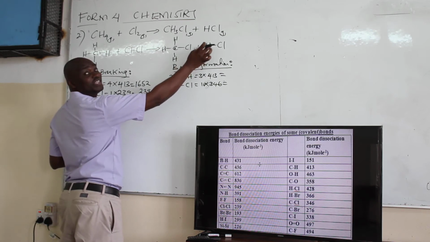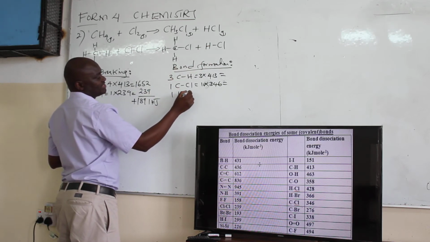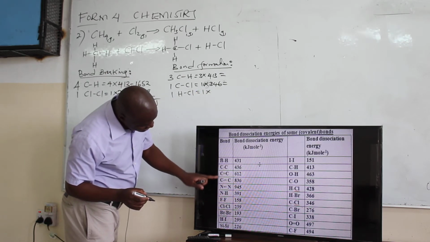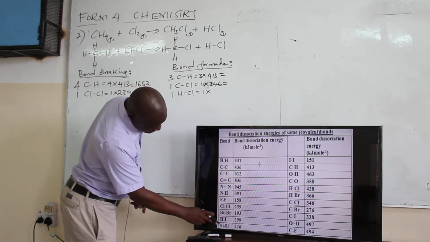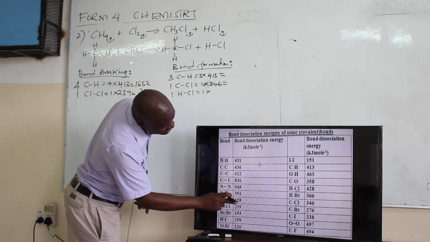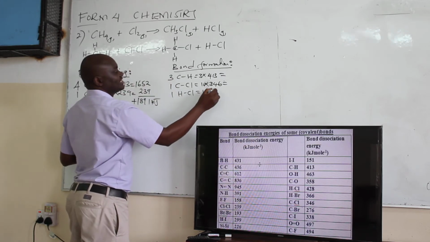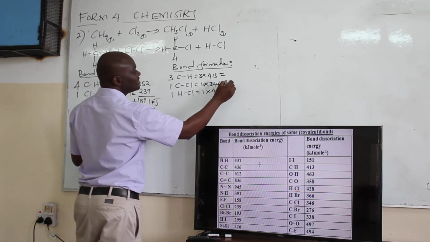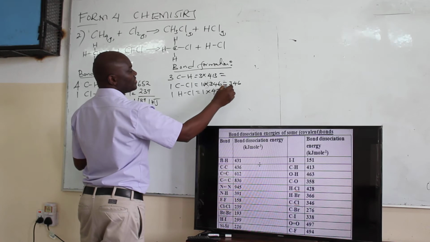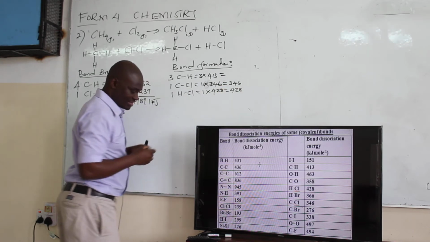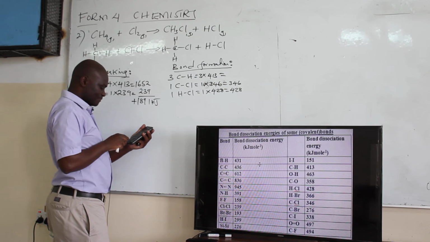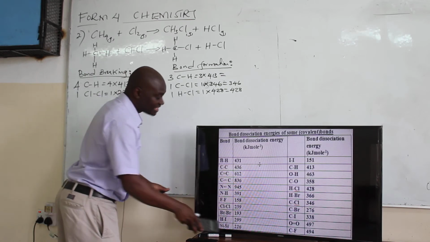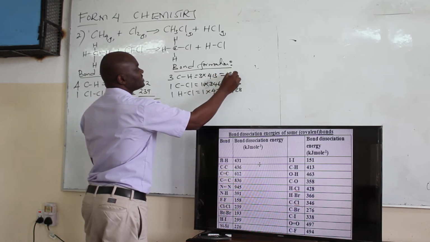Then we have 1 hydrogen-chlorine bond, which is 1 times 428. So in this case, we have 346, we have 428, then we have 413 times 3, which is 1239.